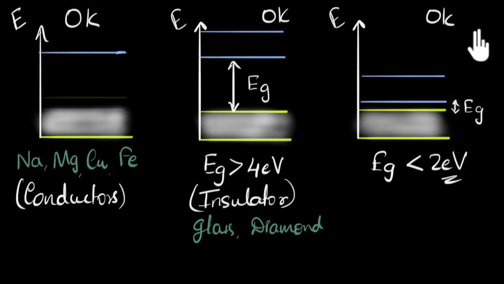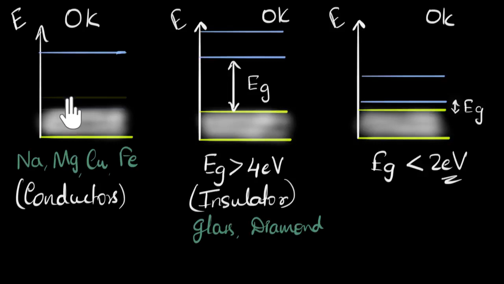And now as a result, if you increase the temperature, say to room temperature, and you try to excite the electrons, well, compared to insulators, electrons will get more readily excited over here. So at room temperature, you will find a lot more electrons in this higher energy band ready to conduct compared to that of insulators. But of course, they're not as good as conductors, because in conductors, you don't have a gap at all.